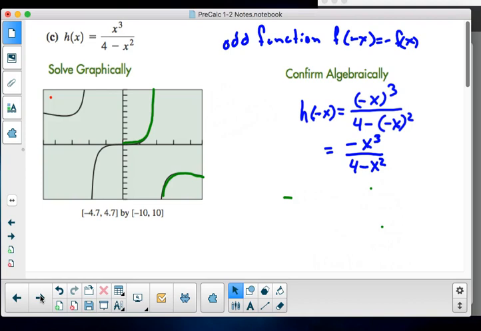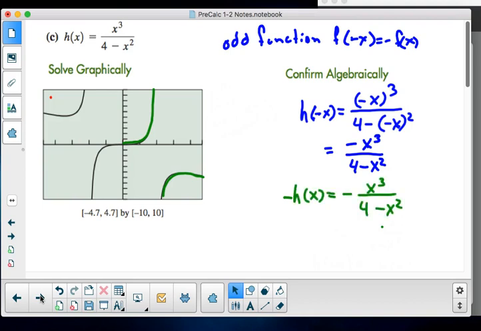Now, did my function sign change? And remember, when I do that, it's just one. It's either the numerator signs change or the denominator signs change. They both can't change because that would be the same function. That would be an even function, because -1 divided by -1 is 1. Okay, so only one of them will change.